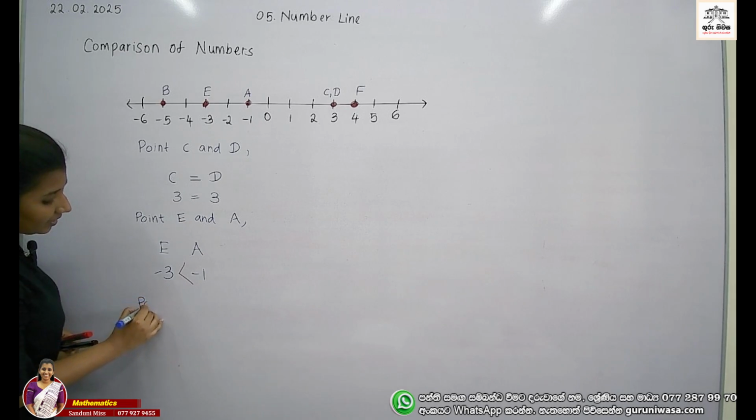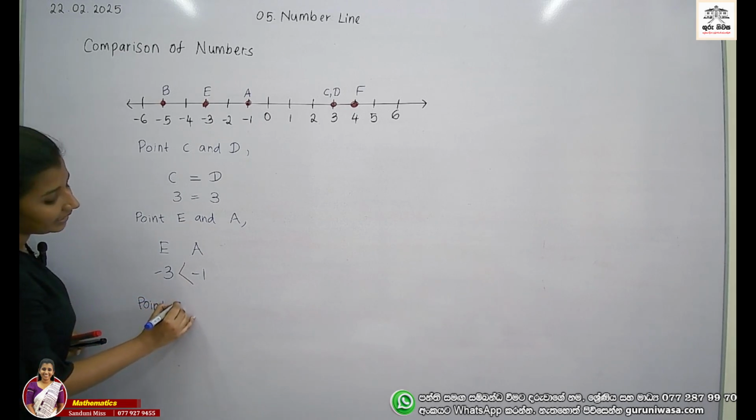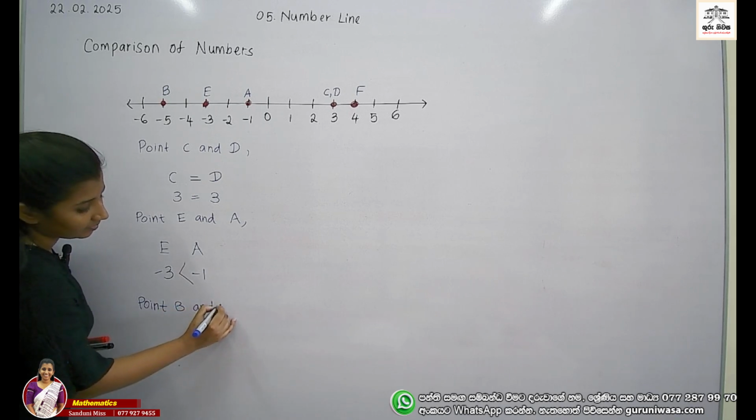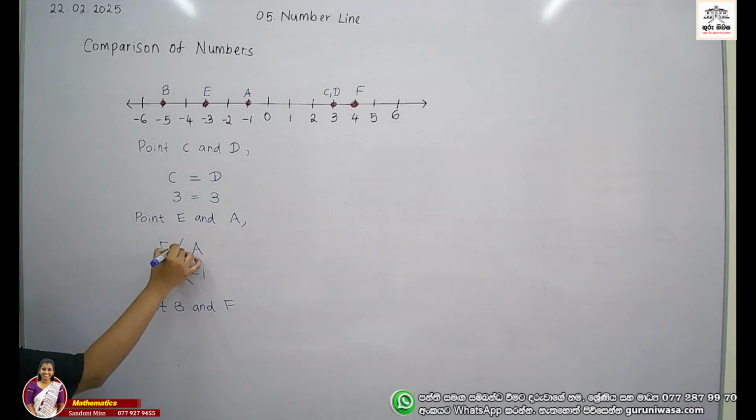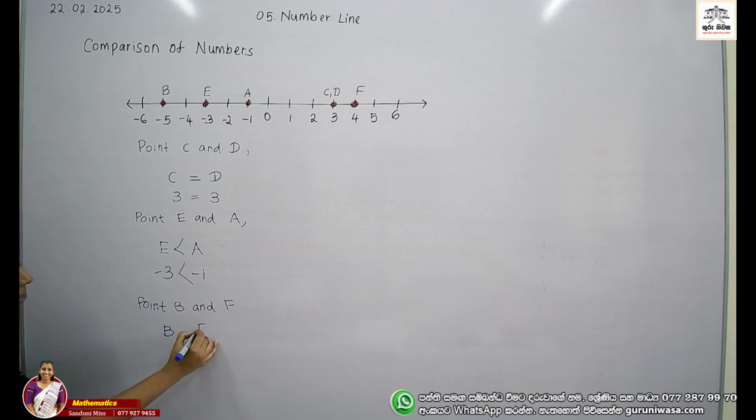So if we consider point B and F, 5 and F is 4. So what can you say? F is bigger, right? So now can you understand comparing of numbers? Yes, teacher. Right, okay, then quickly copy down, then I'll give you an activity to compare.